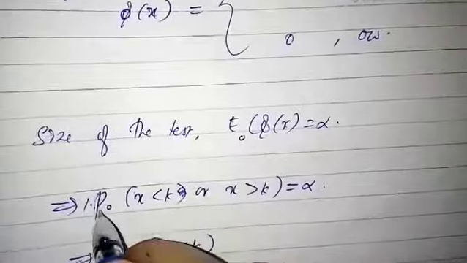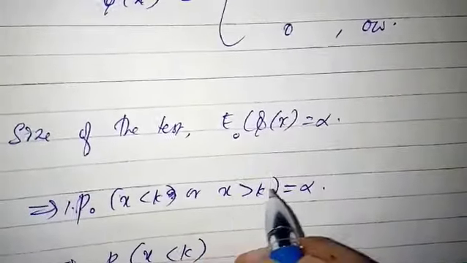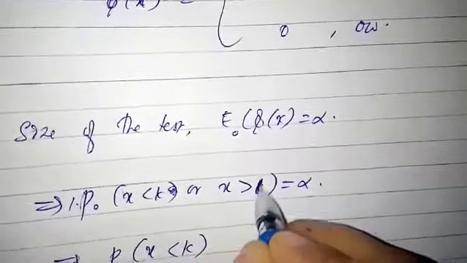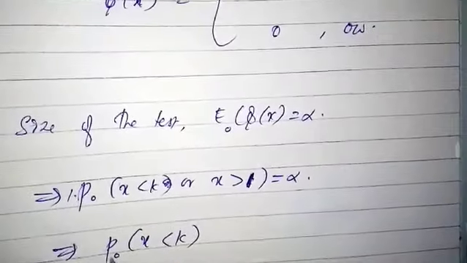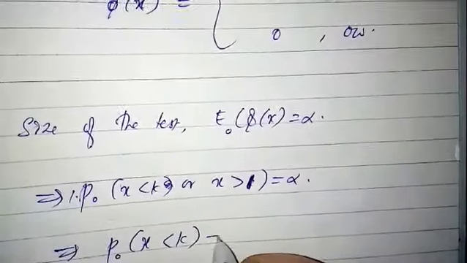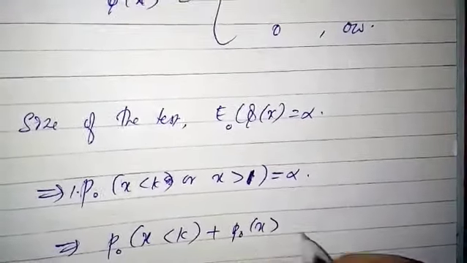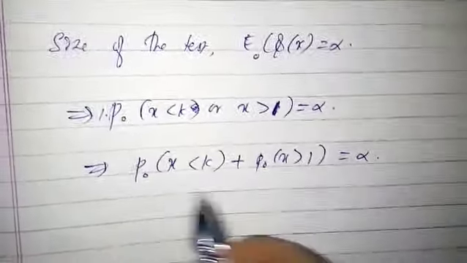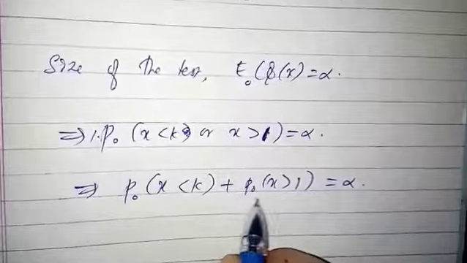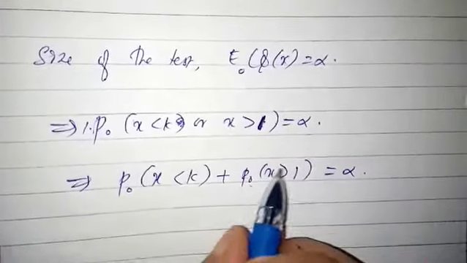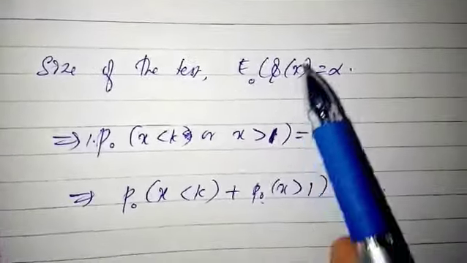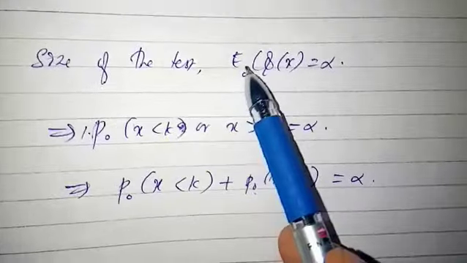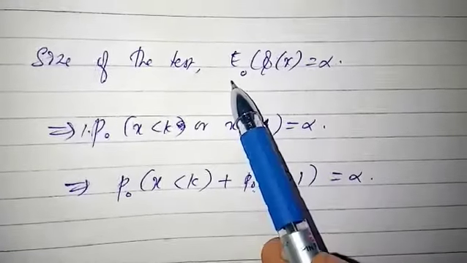We can write the probability of x less than k or x greater than 1 as probability of x less than k plus probability of x greater than 1 equal to alpha. The size is calculated under H naught: expectation of phi of x equals alpha under H naught.